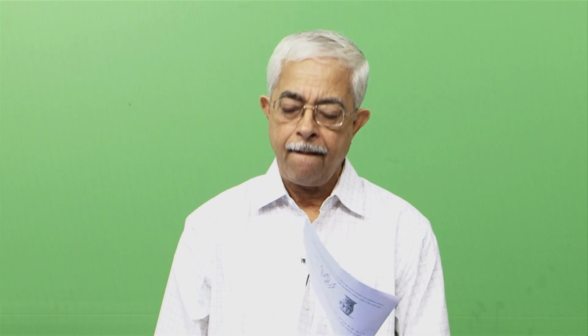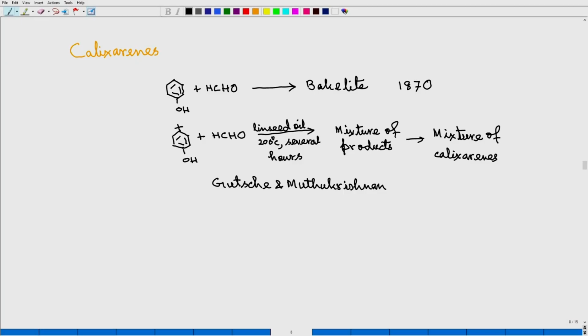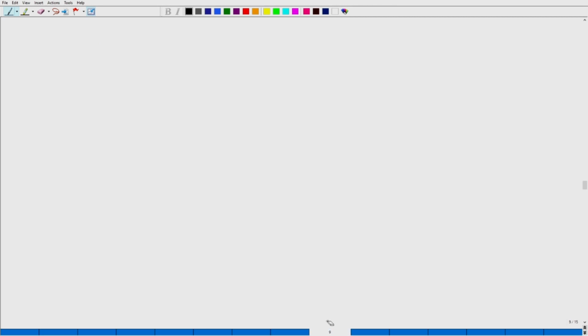They have a 3-dimensional structure, this is a non-planar and very much resembles like a flower vase. So, let me write the structure of 4 calixarenes.